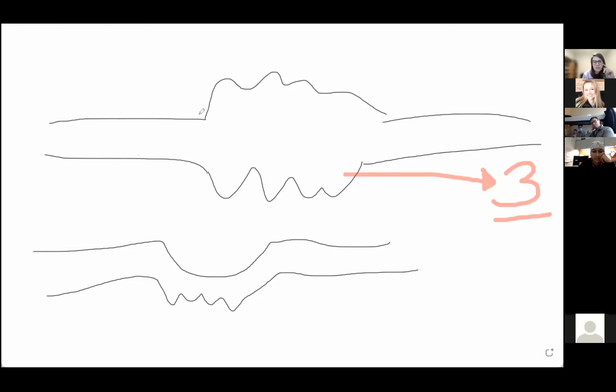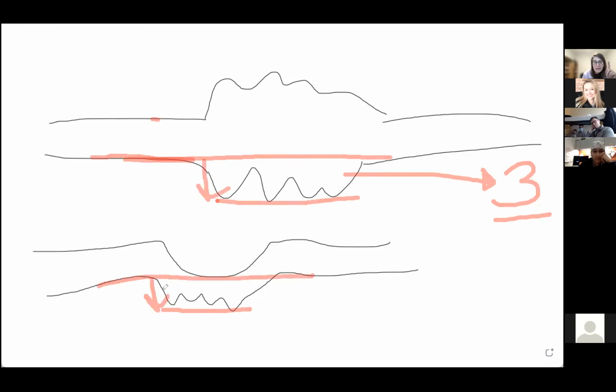So the 3 comes from a measurement of the deepest point of tumor, okay, in relationship to the nearest intact basement membrane, okay? So we're basically measuring from this to this, and then here from this to this. Why?